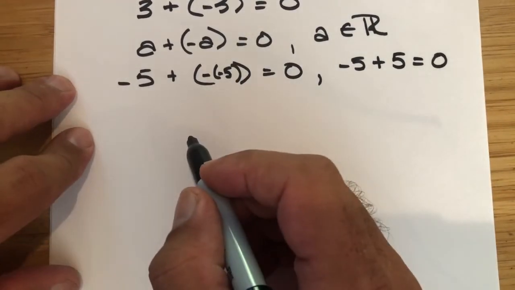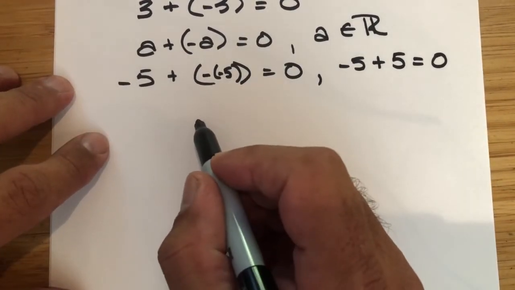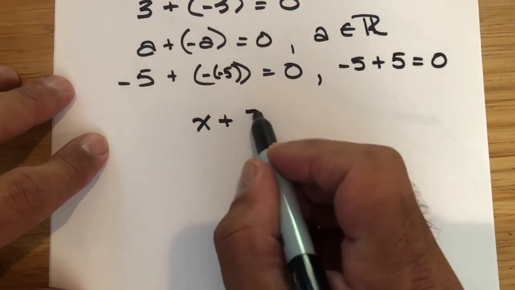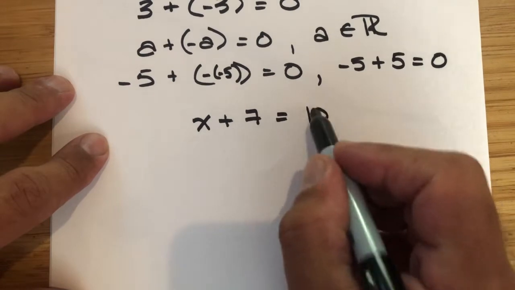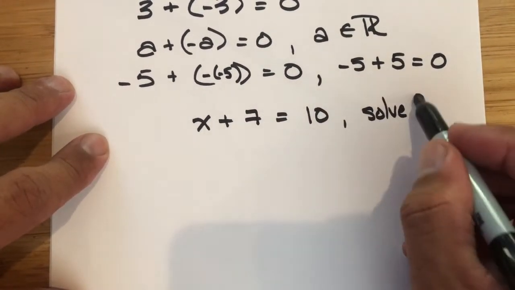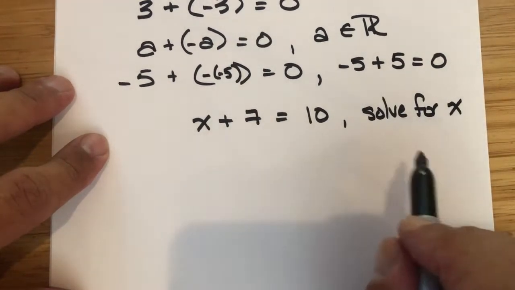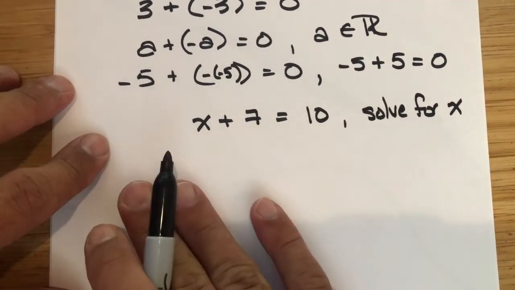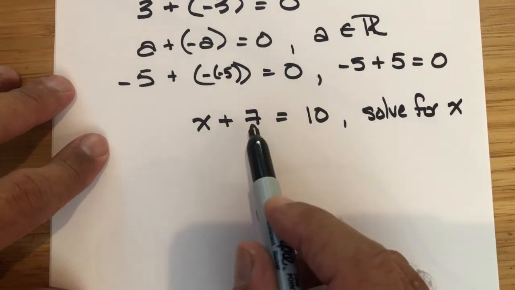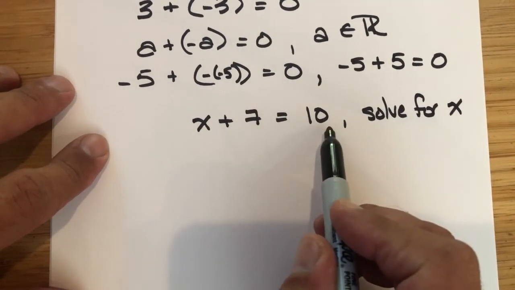If I wanted to apply this, I could say we have the equation x plus 7 equals 10, and I want to solve for x. Solving for x means I isolate x. I want x on one side and everything else on the other side. That means I need to get this 7 to the other side here.